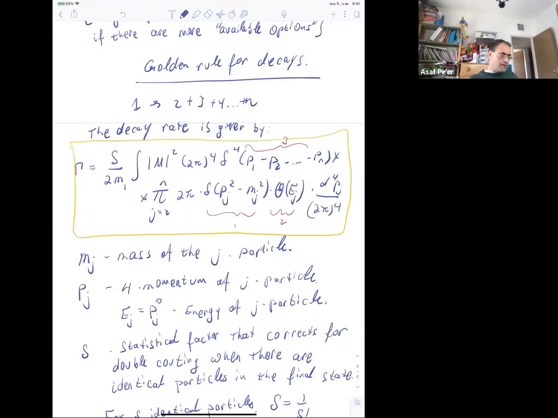It just says that all the outcomes that are consistent with these three constraints are essentially equally likely to occur. That's what the golden rule states. It's very simple in the end.